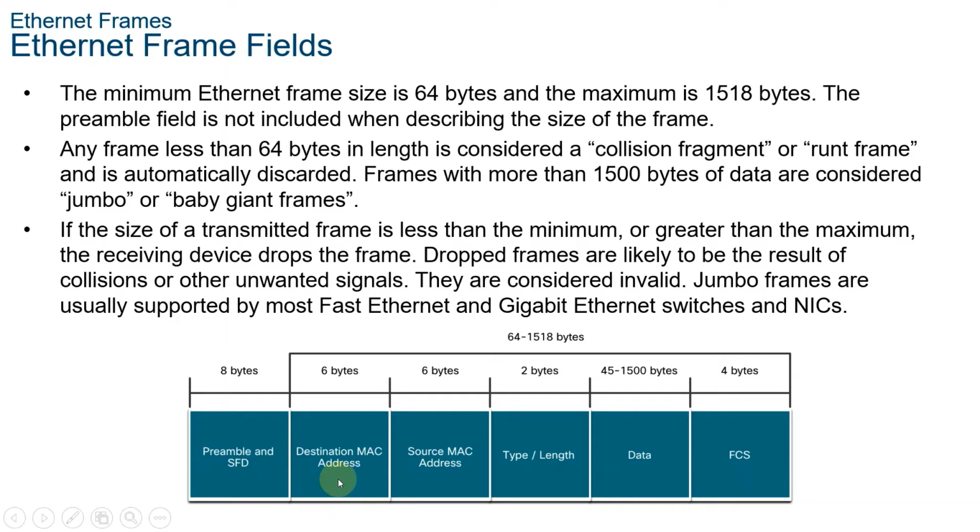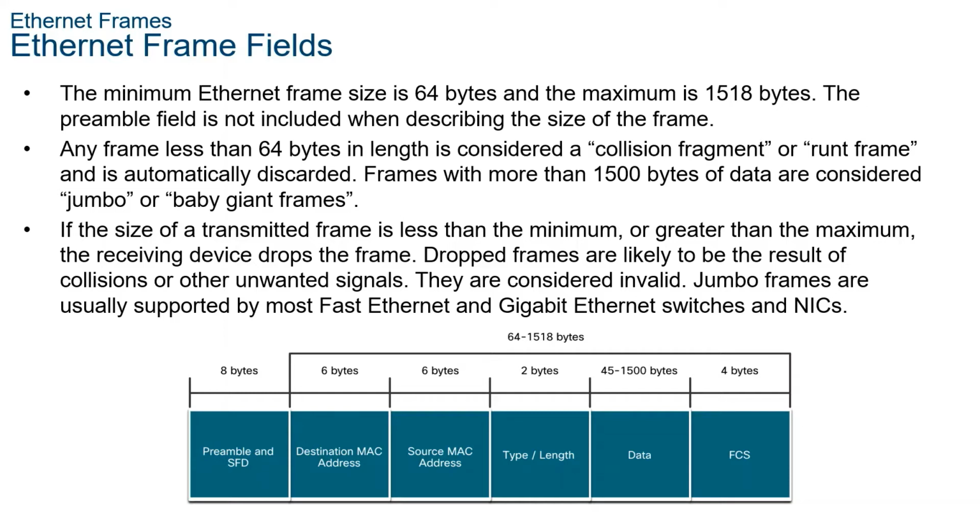The next one is the destination MAC address. This 6-byte field is the identifier for the intended recipient. As you will recall, this address is used by layer 2 to assist devices in determining if a frame is addressed to them. The address in the frame is compared to the MAC address in the device.